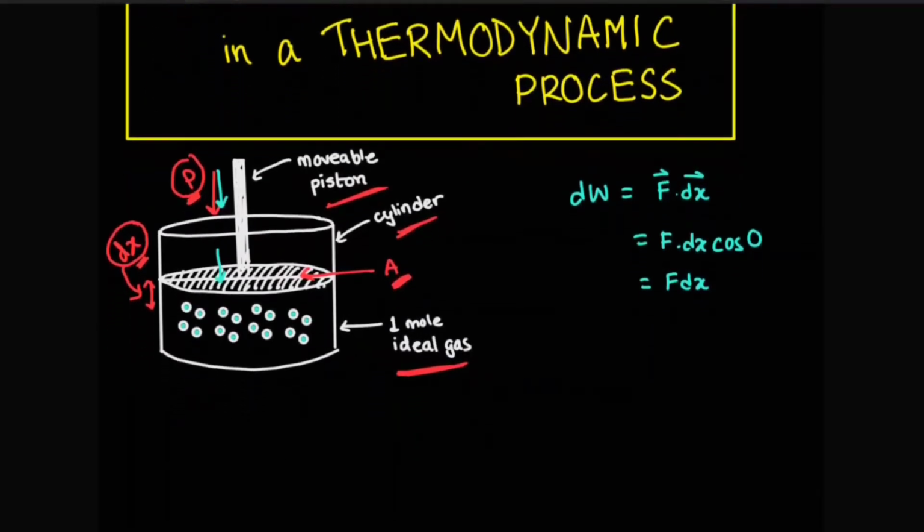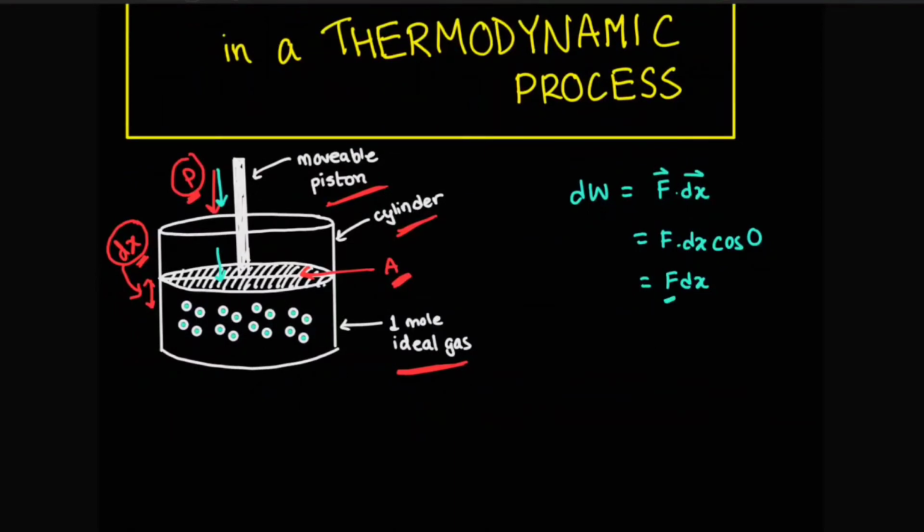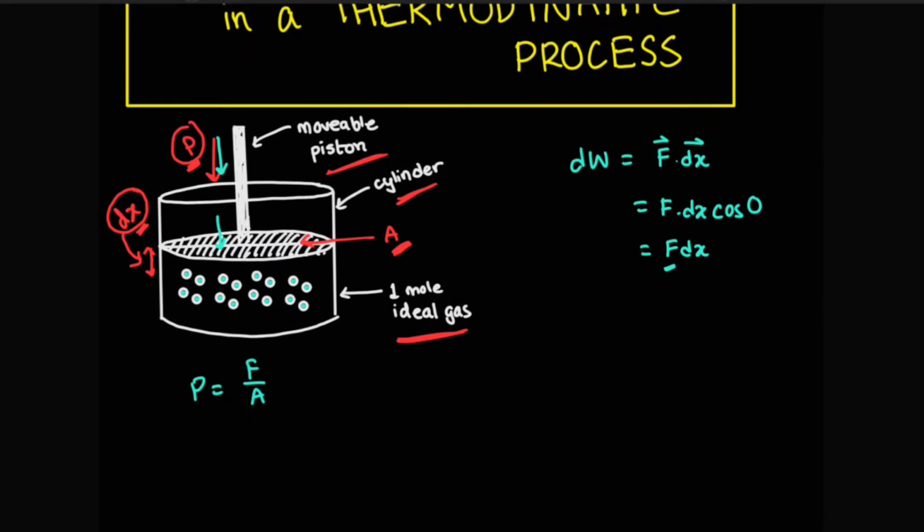Now, as for calculating F, we know that pressure P is equal to force over area, so from this given scenario we can say that F is equal to P times A. Therefore dW is equal to P A dx. Now, what does this term A times dx represent?